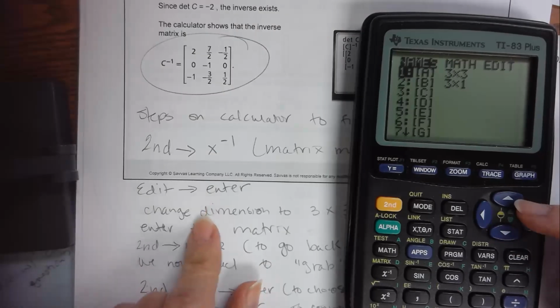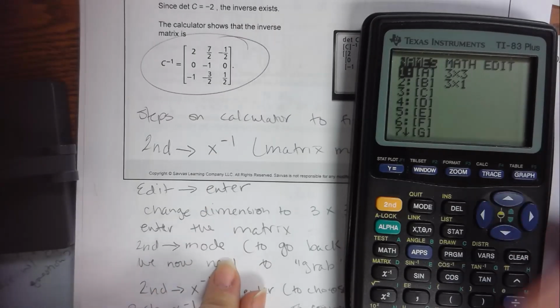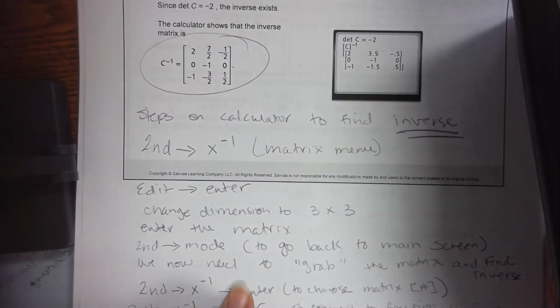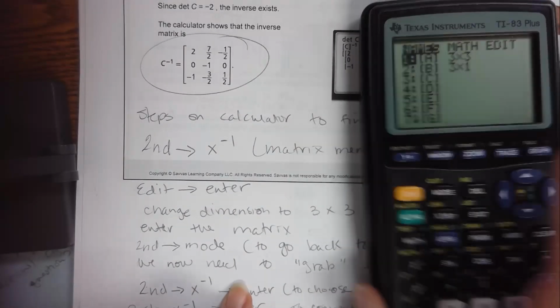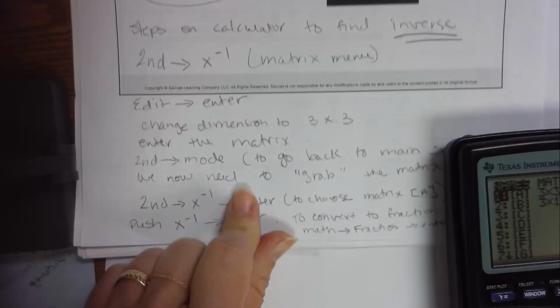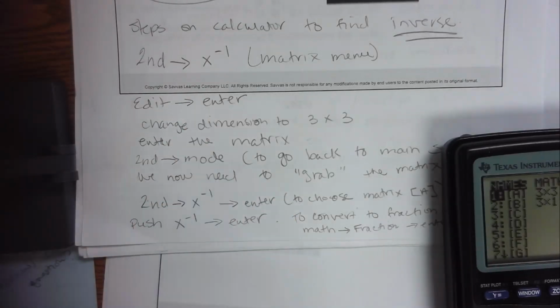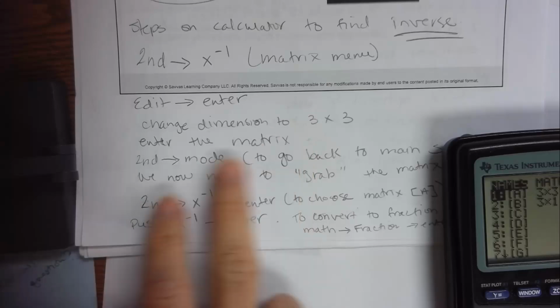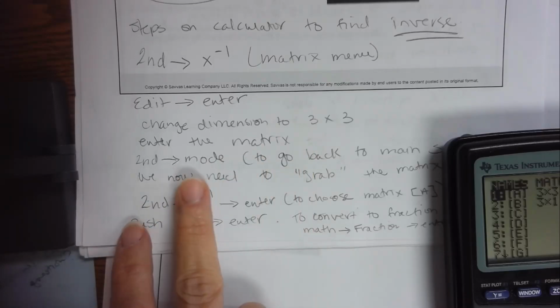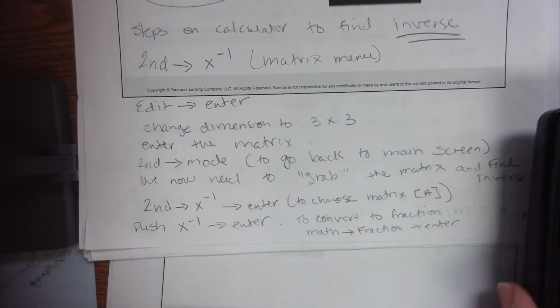Then I need the math menu. I already entered it, so this walks you over entering it again. To find the inverse, enter 3 by 3, enter the matrix. We already have all that. Go back to the main menu.